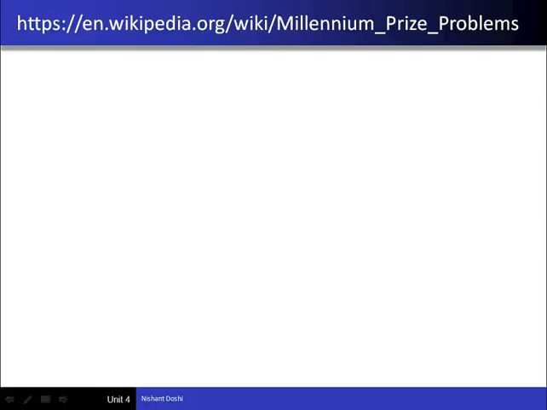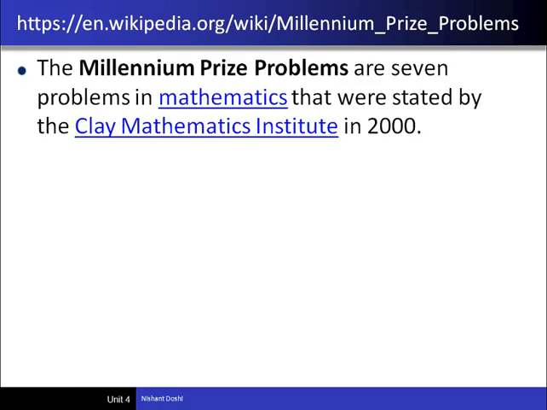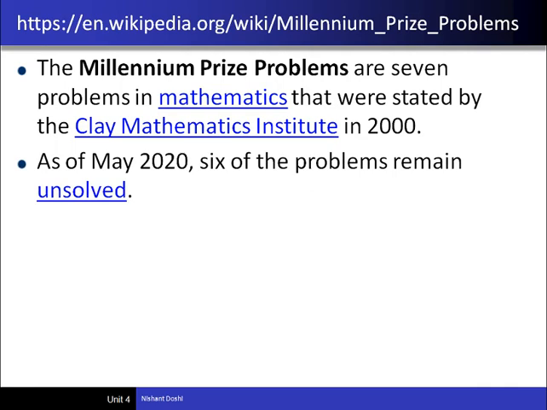So let's start with motivations. There is one famous problem, which we call a Millennium Prize problem. It was given by the Clay Mathematical Institute in 2000, and it consists of 7 problems in the mathematical areas. As of May 2020, 6 of the problems remain unsolved.